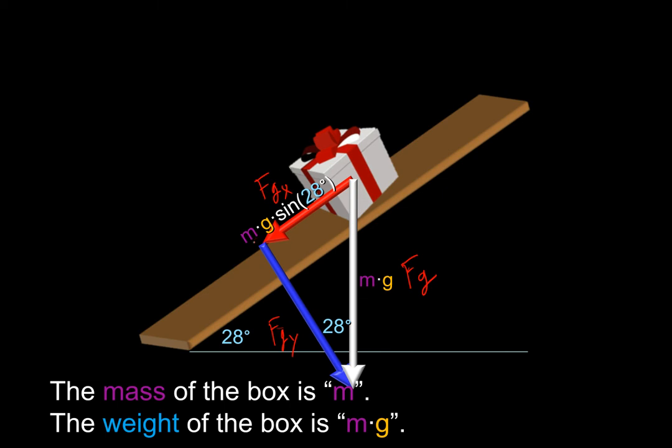So your force of gravity in the x is just your force of gravity sine of 28. Force of gravity in the y is just your force of gravity cosine of 28. If the object doesn't move, it's balanced, then your force of friction is going to be the same.